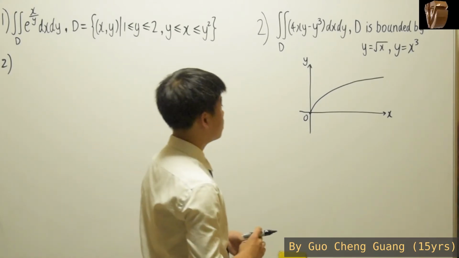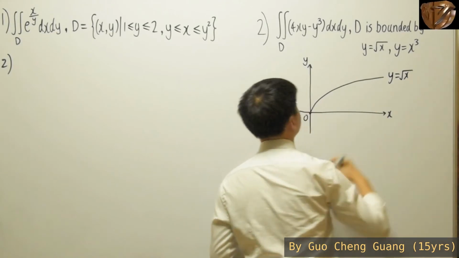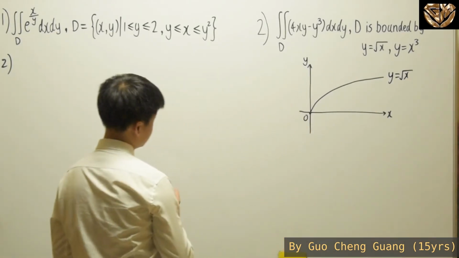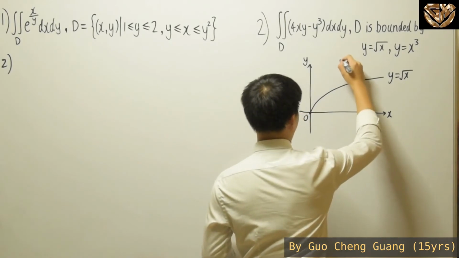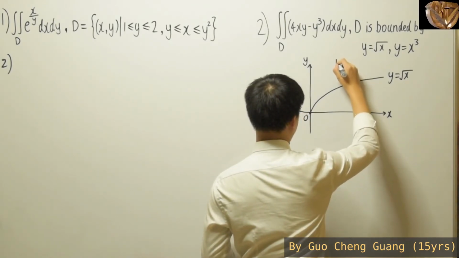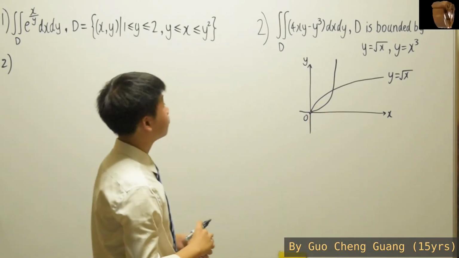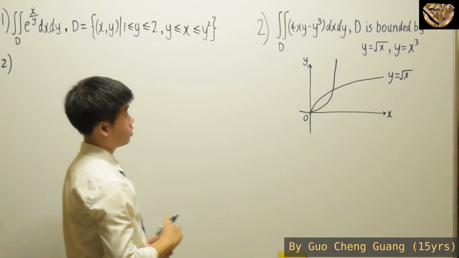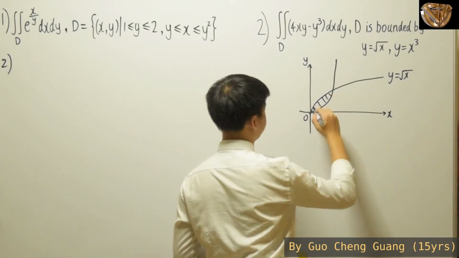Right, so this is y equals square root x. Now, the next one you have y equals x cubed, which you'll have something like this. Right, so this here is the boundary you're going to have.